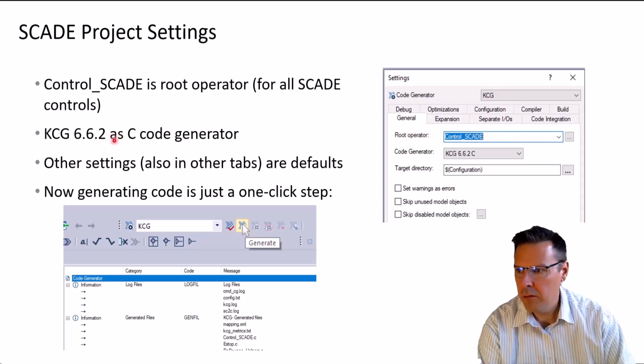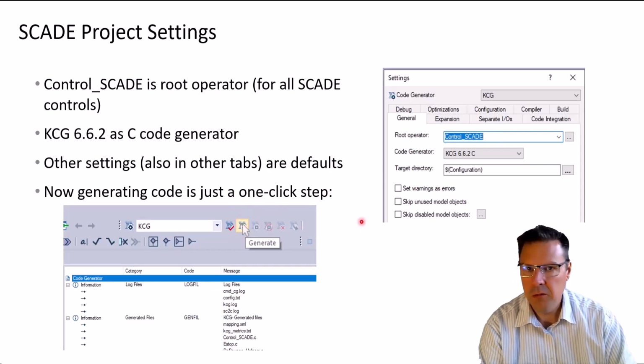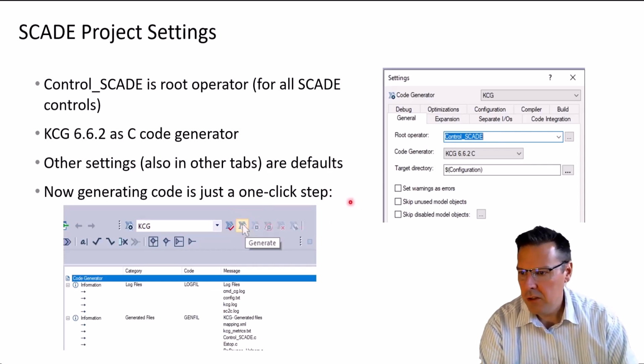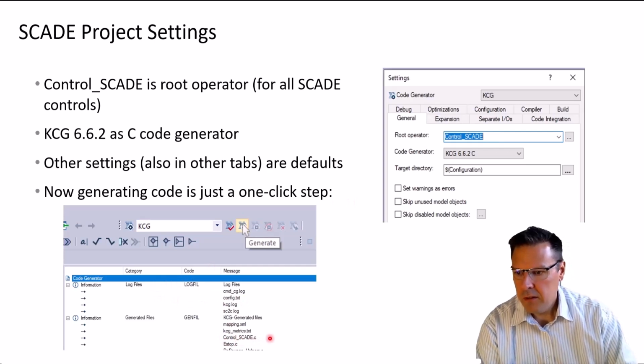I selected to have the code generator 662, and the other settings are defaults here, so it's not very much you have to change. And then once you hit the generate button here in the IDE of SCADE, it will generate all the source files you've seen before.